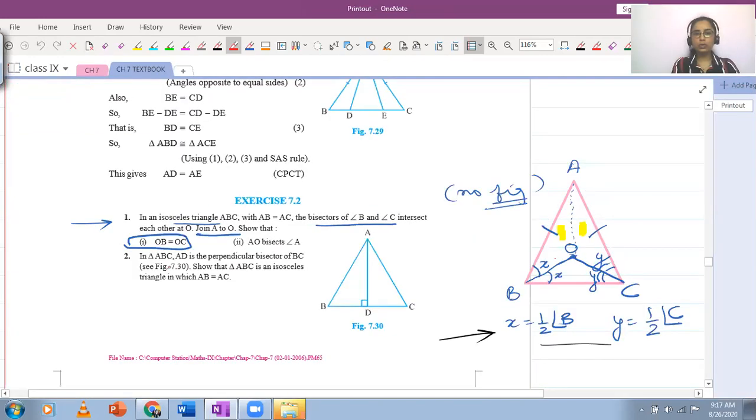Question number 2, we have a triangle ABC. AD is the perpendicular bisector of BC. So understand this, AD is the perpendicular bisector of BC. So there will be two things happening here. One is perpendicular, which you can see is indicated in the figure. So the sign of perpendicular is already marked. That means AD is perpendicular, a 90-degree angle will be formed with BC.